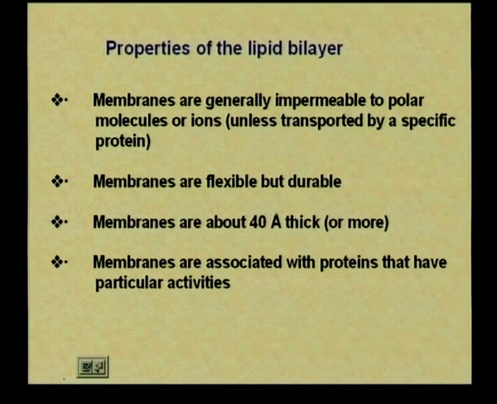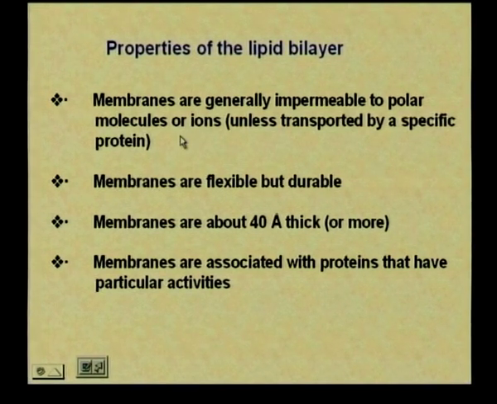We will learn about the transportation later on from one end of the cell to the other. If you look at the properties of the lipid bilayer, they are usually impermeable to polar molecules or ions.